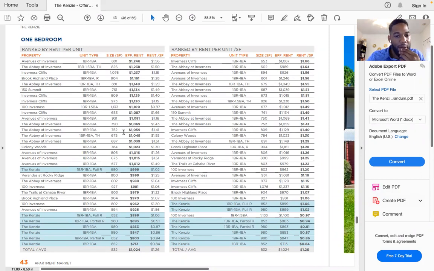What do you guys think about 1100, 1150? I think 1150 would be the max, if that.